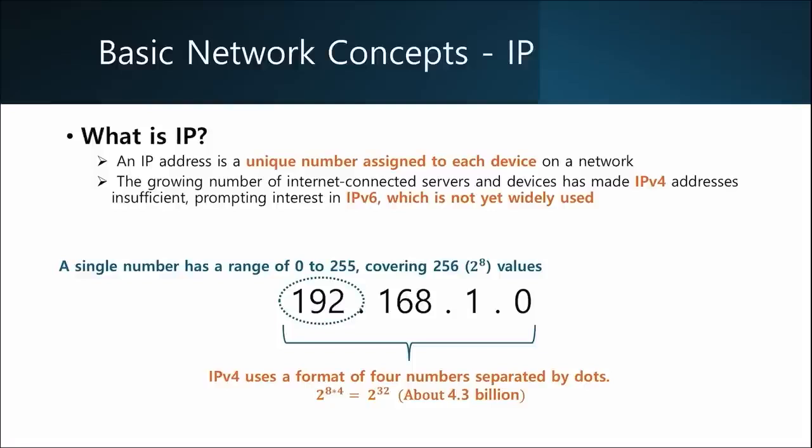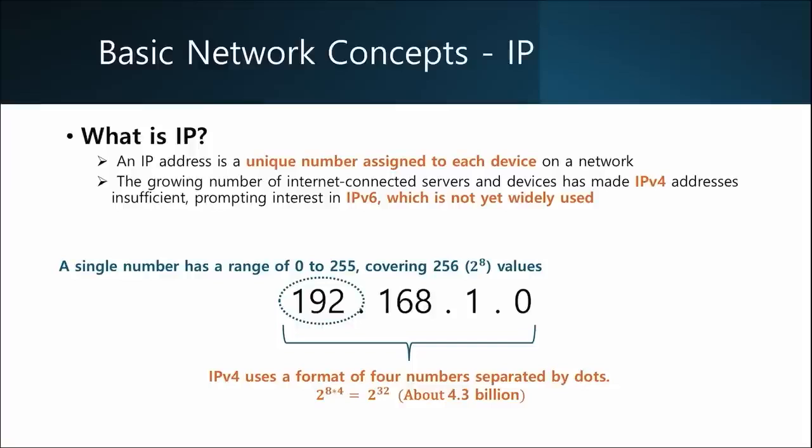First is the IP address. An IP address is a unique number assigned to each device connected to a network. This allows each device to identify and communicate with the Internet. The most widely used IP addressing system today is IPv4. An IPv4 address consists of 4 numbers, each of which can have a value from 0 to 255.